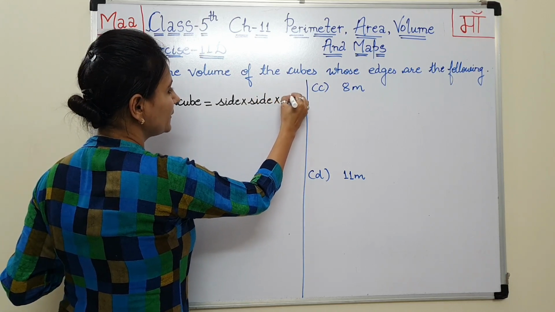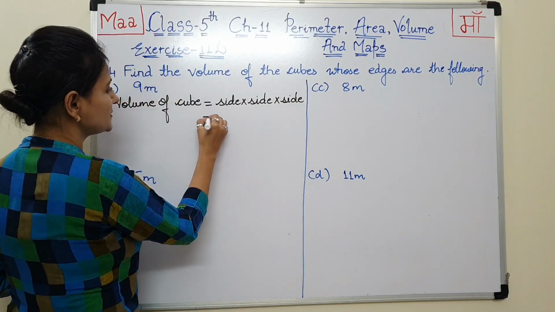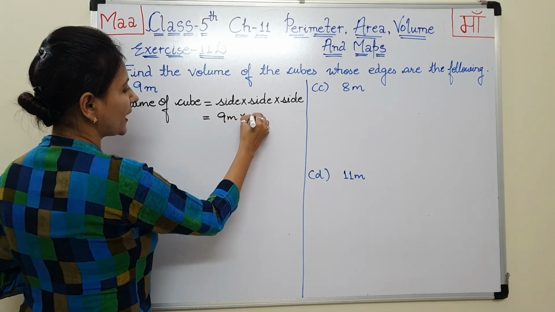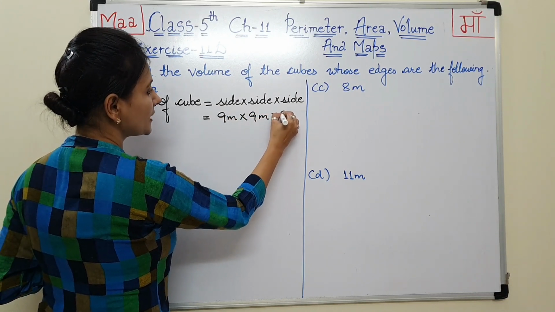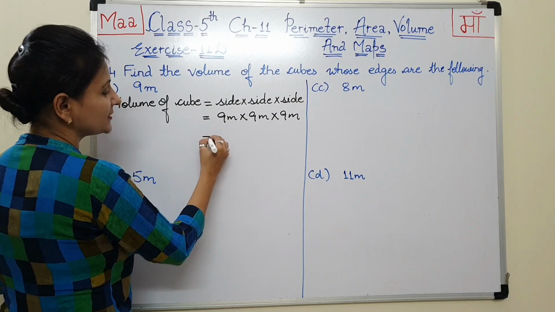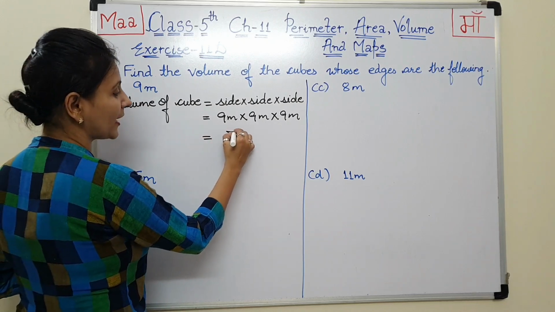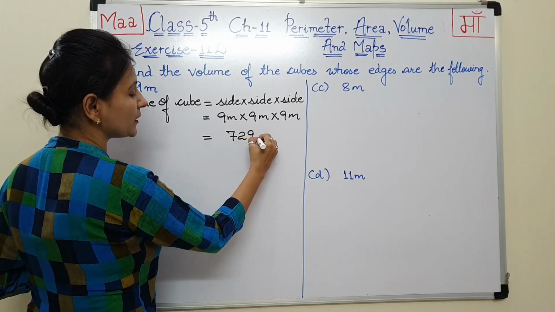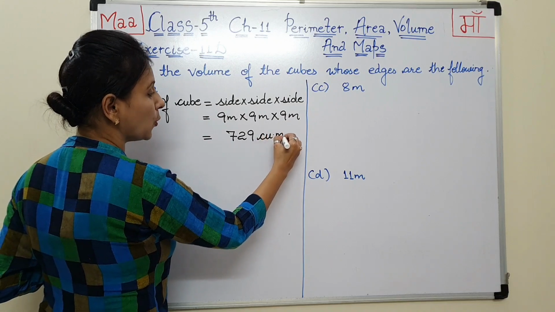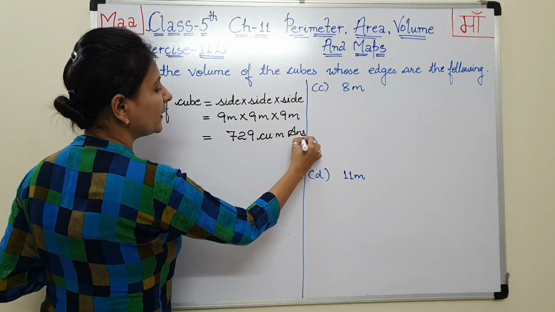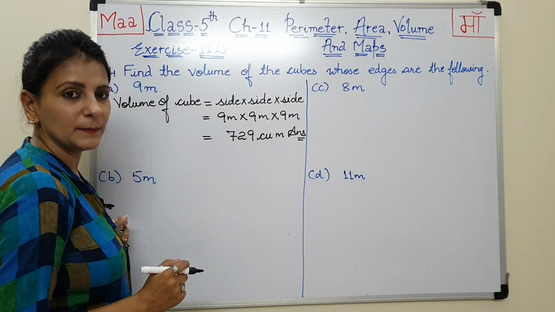And the side in this part is given as 9 meter. So 9 meter will be multiplied by 9 meter and 9 meter. So 9 nines are 81 and 81 into 9 is equal to 729. Again it is volume, so we will put the cubic unit, which is meter.